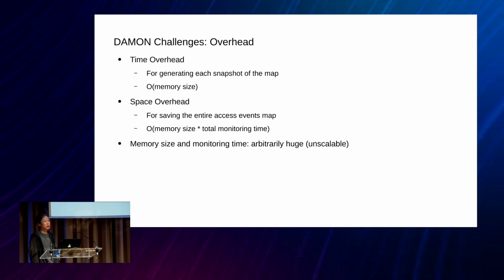This is really bad because the size of the memory to monitor and the total monitoring time can be arbitrarily huge depending on the use case. That is, it is unscalable. Some mechanisms could work on computer systems having 1 terabyte of memory, but might not work that well on 1 petabyte memory systems.